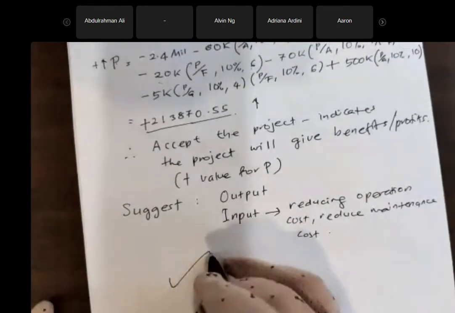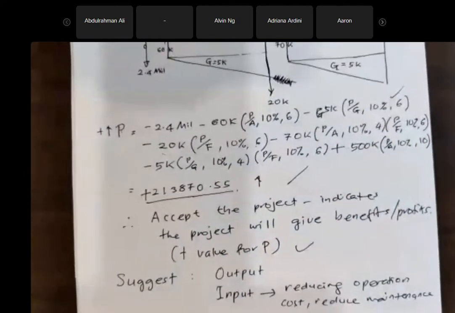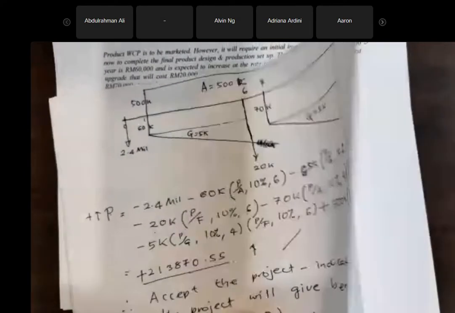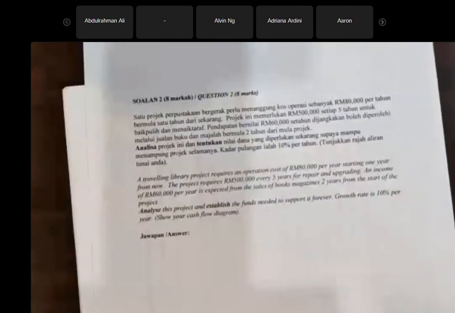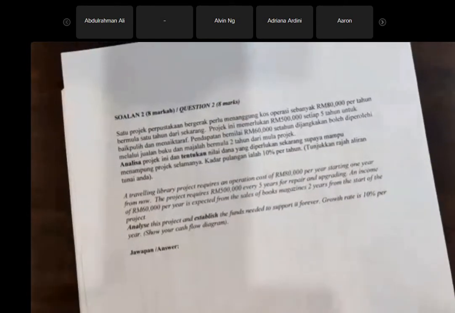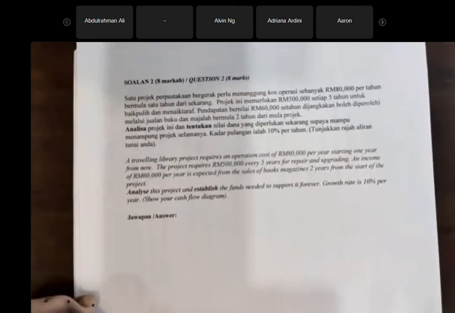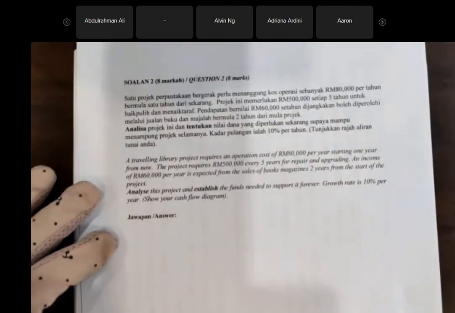Okay, settle. Now we go to the next question. It is quite challenging. Question 2. A traveling library, or a mobile library project, requires an operation cost of 80,000 per year starting 1 year from now. The project requires 500,000 every 5 years for repair and upgrading.